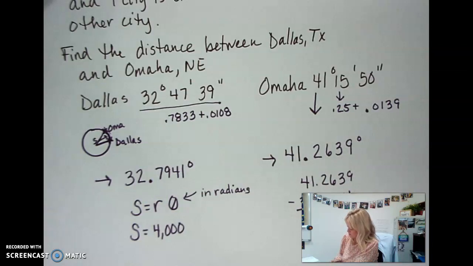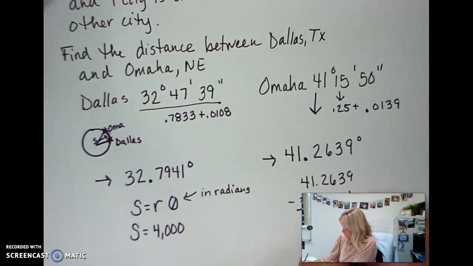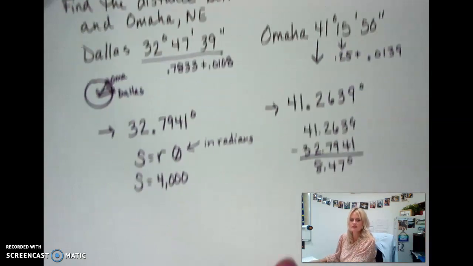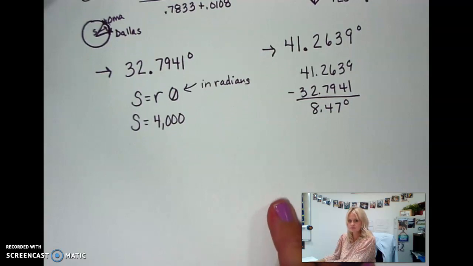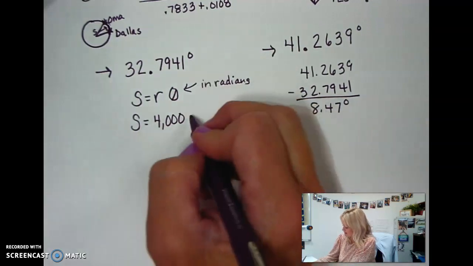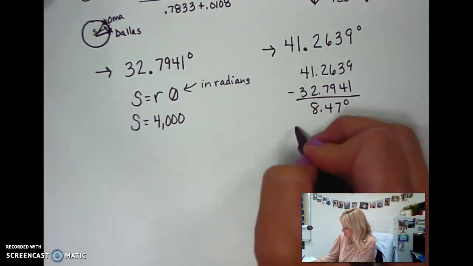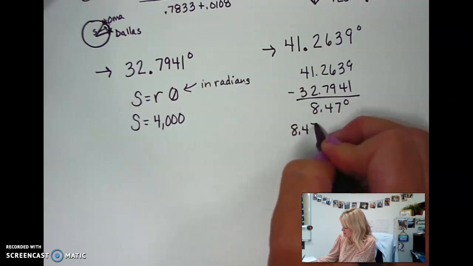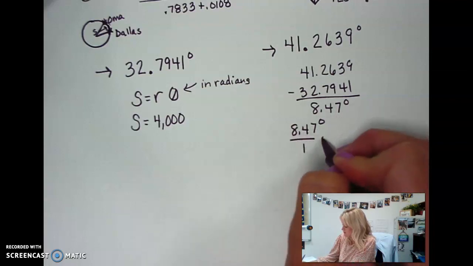So when I subtract the two from each other, I get 8.4, I'm going to round to 8.47 degrees. That is going to be our theta. However, it has to be in radians, so I have to convert.